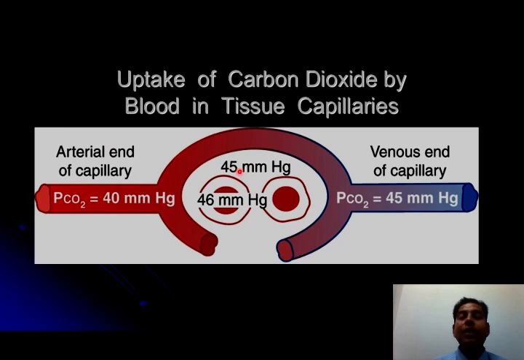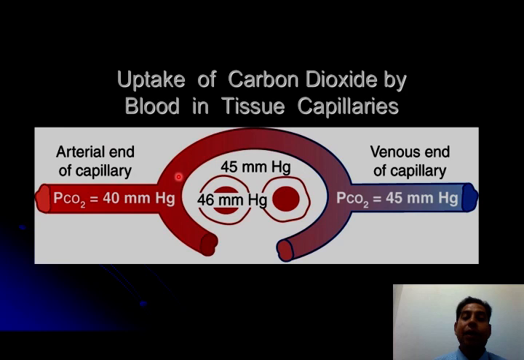So there is a 1 millimeter mercury gradient existing between the cells and the interstitial fluid. But this is good enough for the movement of carbon dioxide from the cell into the tissue fluid, or the interstitial fluid, and into your capillary.